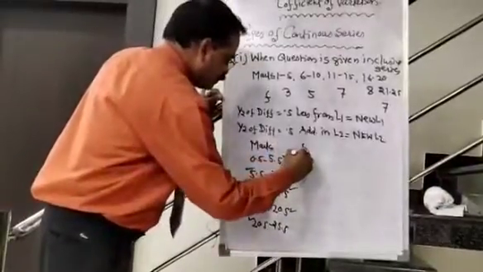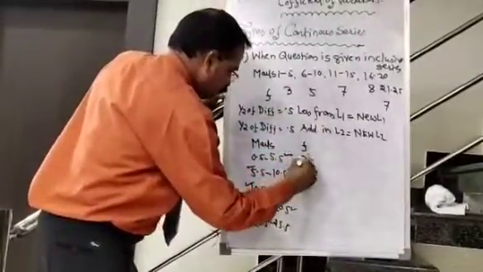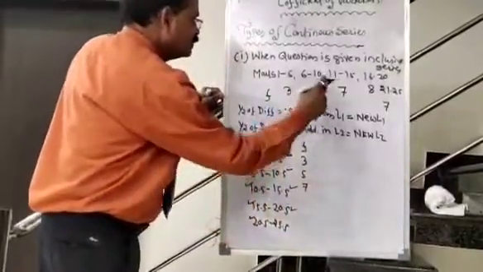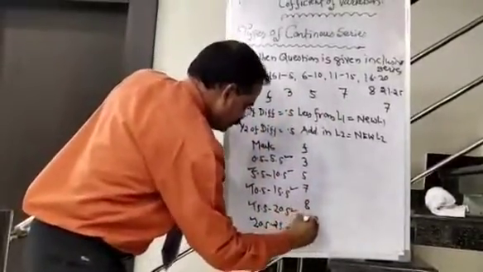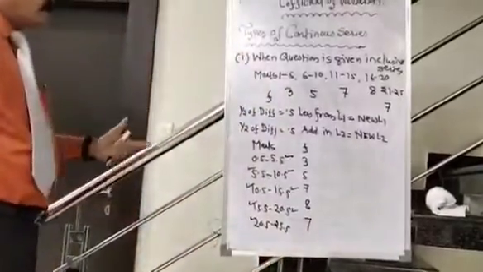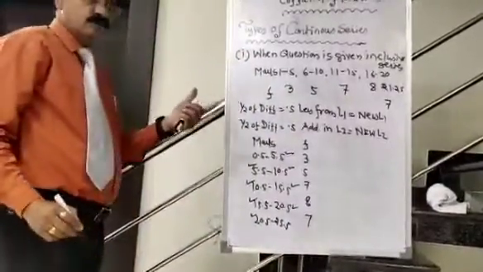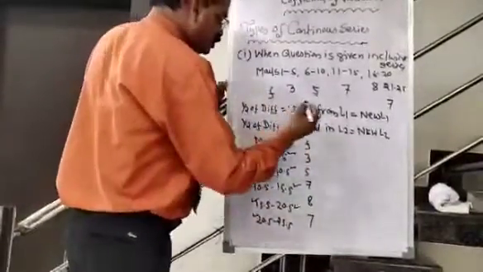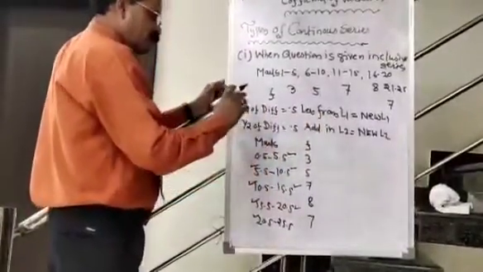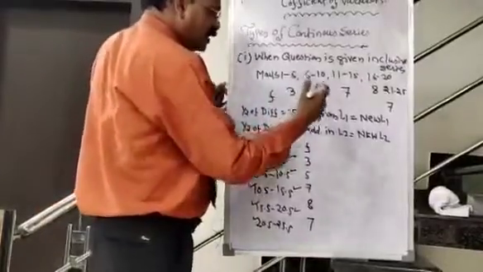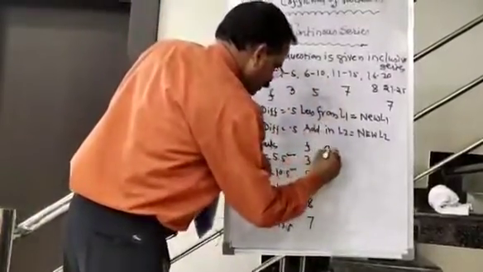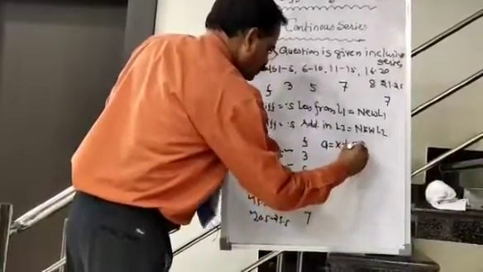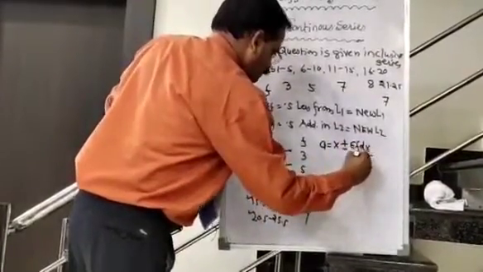After that we should write frequency as it is: 3, 5, 7, 8, 7. After that we should use all methods which we have used in the continuous series. What is the method of continuous series? We should draw 5 column table for mean and 1 column extra for standard deviation. The formula will be same. A is equal to x plus minus sigma f dx upon n.